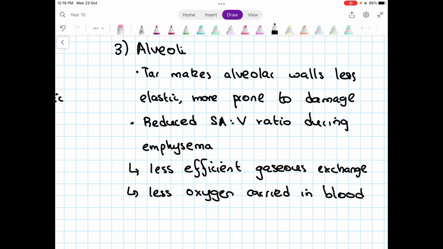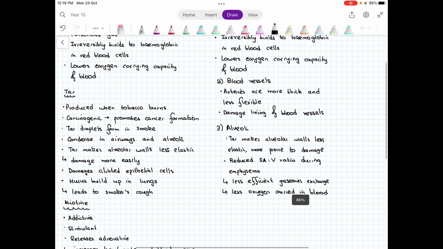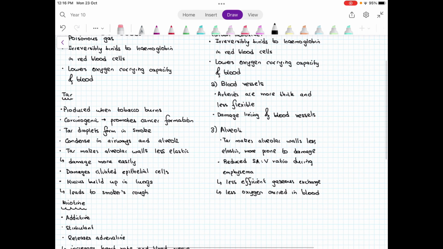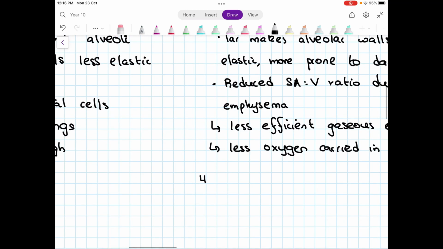This is what makes even mild exercise difficult for people with emphysema, because of the lowered levels of oxygen in their blood. You can take a look at the exercise video to learn more about the effects of exercise on the body. So far we have hemoglobin, blood vessels, and alveoli. We can also take a look at blood clotting and how it's affected by smoking.